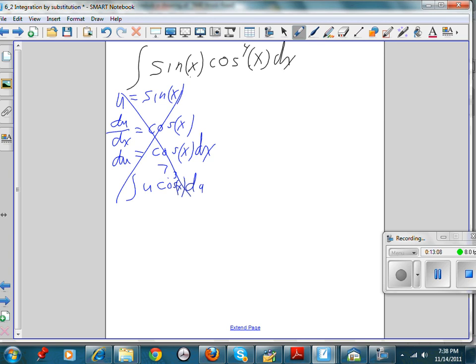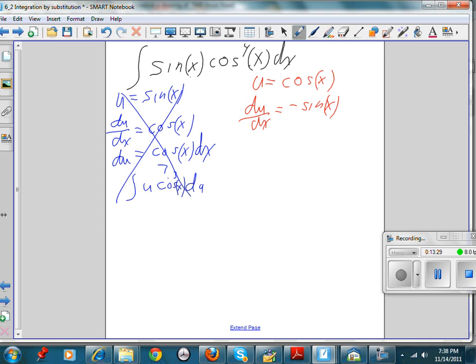When I say I see a derivative, what I really see here is that the derivative of a cosine is a sine, or the negative sine. So I'm going to say u is equal to the cosine of x. du dx, which we'll stop doing pretty soon, is minus sine of x.